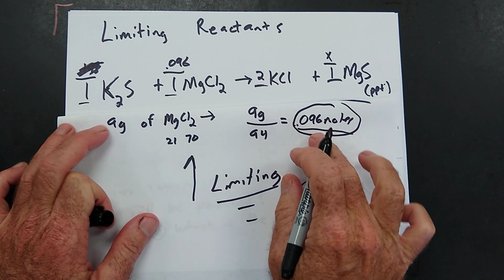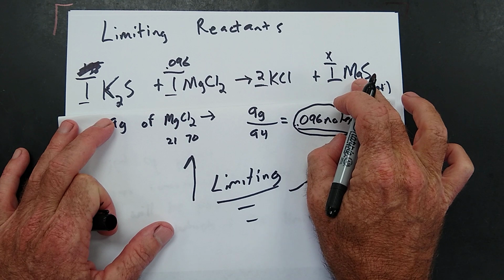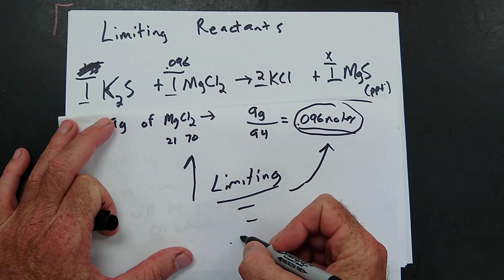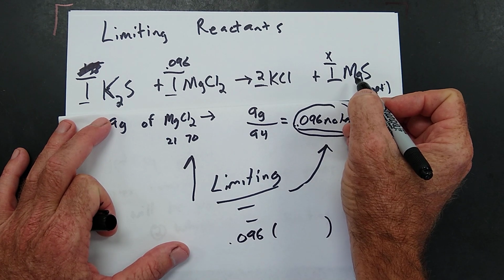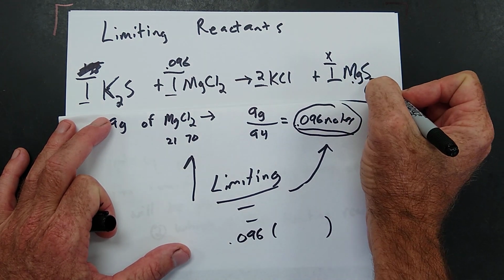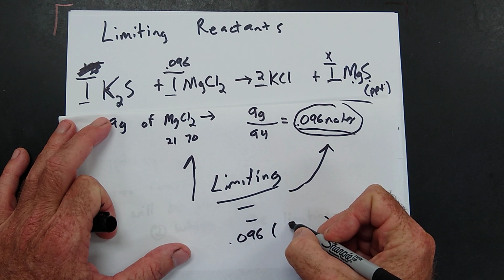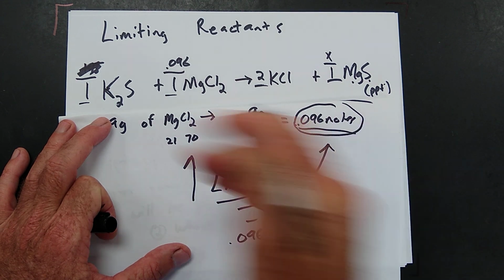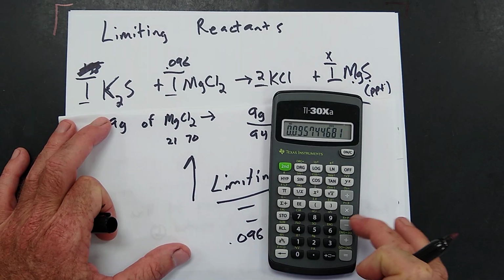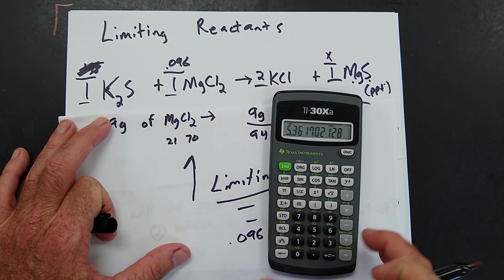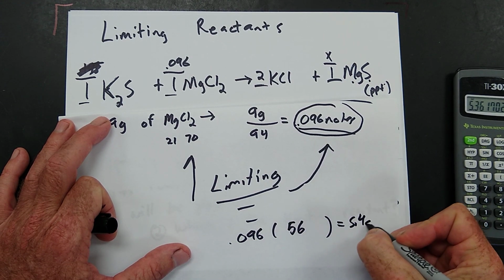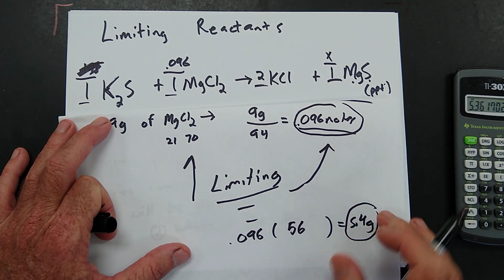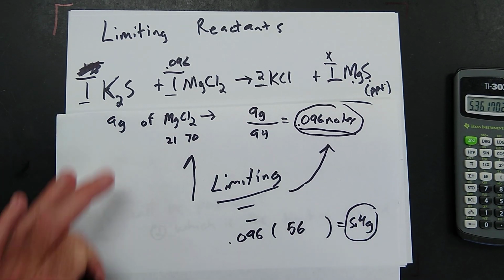You're only going to get 0.096 moles of magnesium sulfide. 0.096 times magnesium sulfide weighs 24 plus 32, so that's going to be 56. 0.096 times 56. We're only going to make 5.4 grams. And that's it. That's how you do it. That's the whole video.